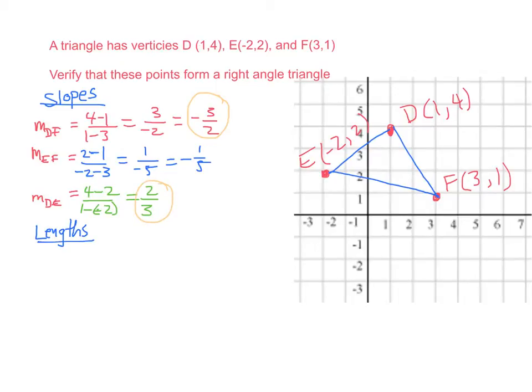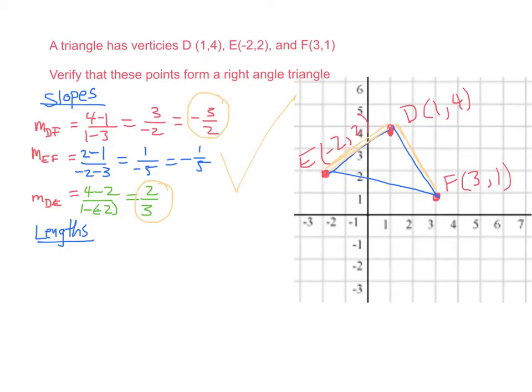And again, that is DF and DE. And you can even just see on the graph that it looks like that's where the right angle is. So the two slopes are negative reciprocals, and for that reason, we can say that this is a right angle triangle.